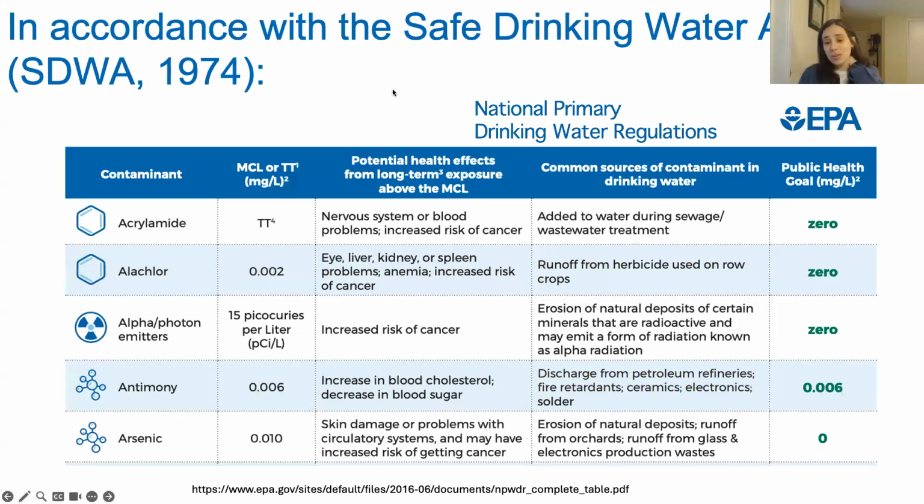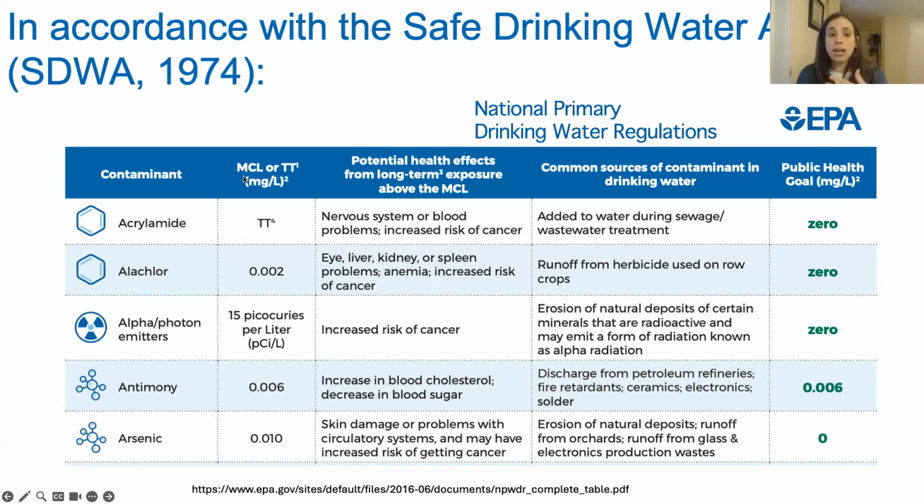And if you've never seen what the national primary drinking water regulations that EPA sets look like, here's just a screenshot to give you a sense of a couple different contaminants, alphabetically the first 5. It's important to note that this column here, which has MCLs or regulatory standards or treatment techniques, these values are what's allowable in drinking water. And there's another column over here with the public health goal for these contaminants.